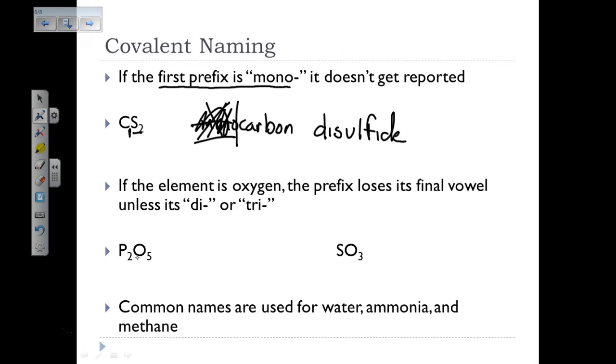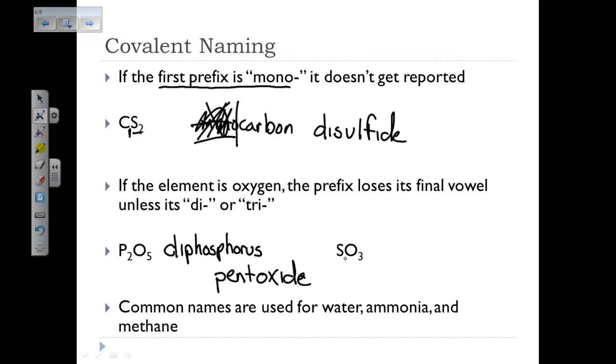So here, prefix element, prefix rootide: diphosphorus, prefix element, and then prefix pent, but it's oxygen, so we just write pent, so it's pentoxide. It's not pentaoxide. So it's diphosphorus pentoxide.